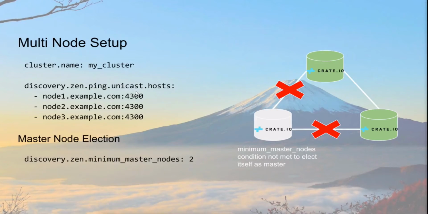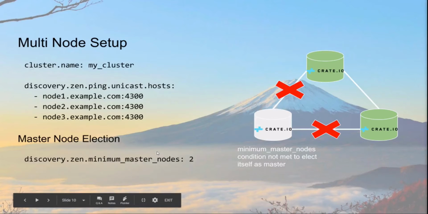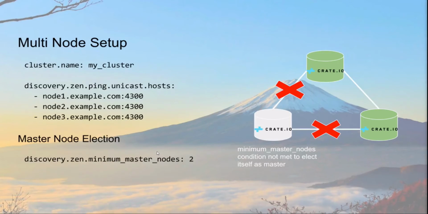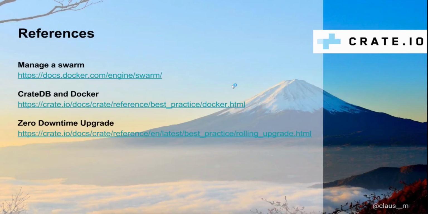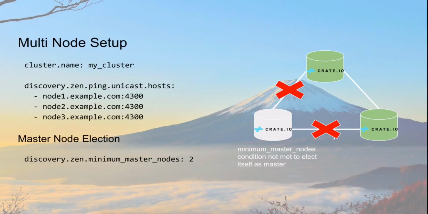Also, an important setting is the minimum master node selection. Setting the minimum master nodes here avoids split brain issues. A split brain issue is when you suddenly have network partitions. For example, here we have this 3 node Crate cluster, and suddenly we have a network partition in this cluster. This gray node is not available anymore.